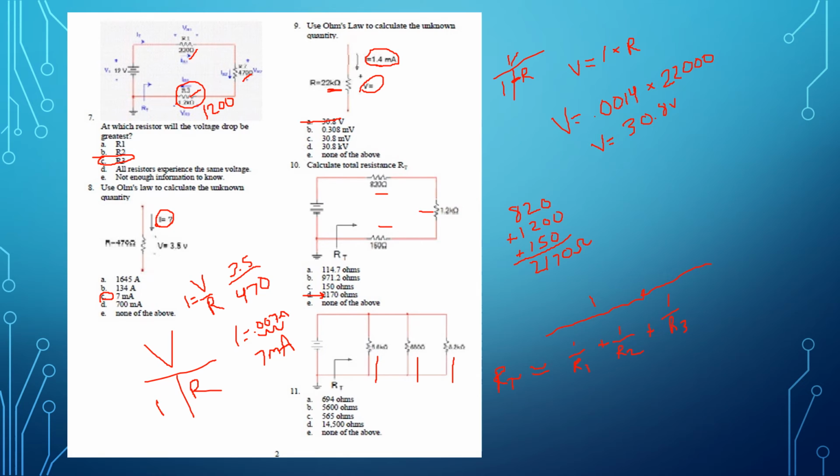So now you plug in your values. In this case, 1 over R1 is 5600, so 1 over 5600 plus 1 over 680, supposed to be an 8, and plus 1 over resistor 3, which is 8200.